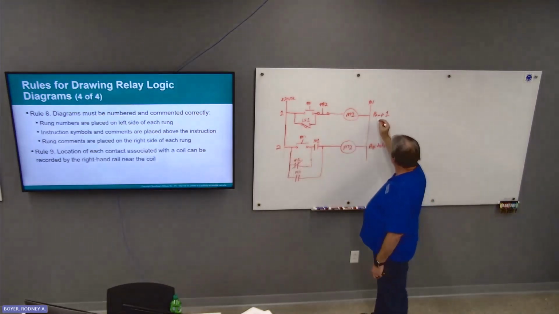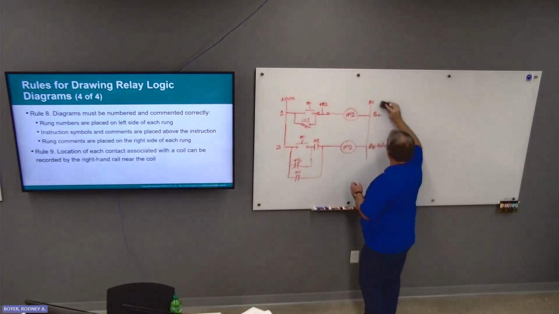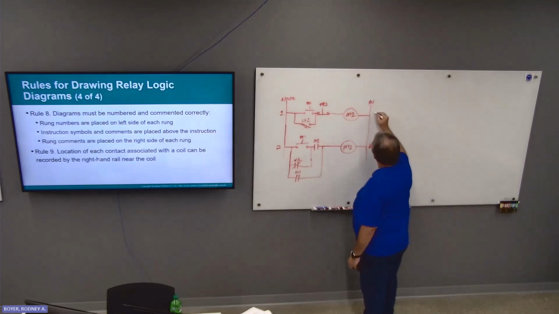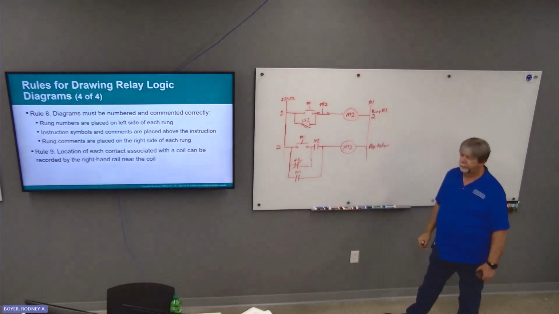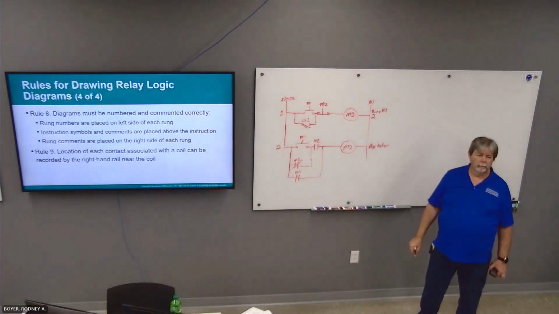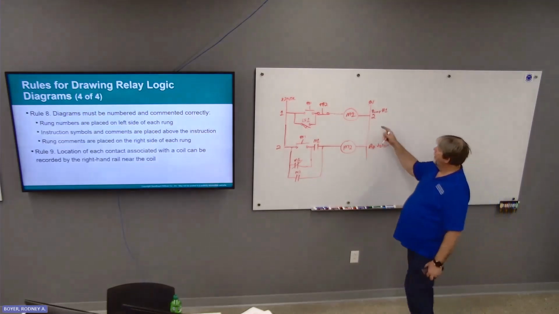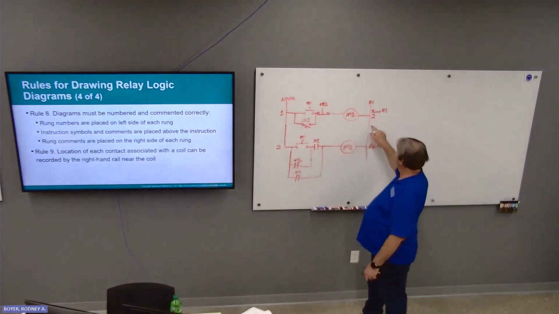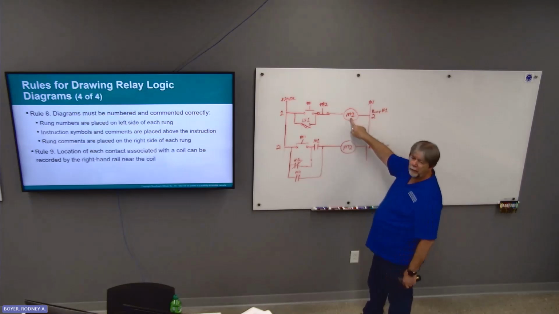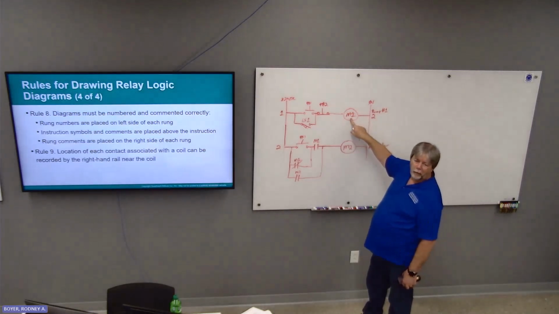So over here, I'm going to move this up. And let me put a 2 there. That tells me that somewhere on rung 2, I've got a contact that's operated off of coil M1.